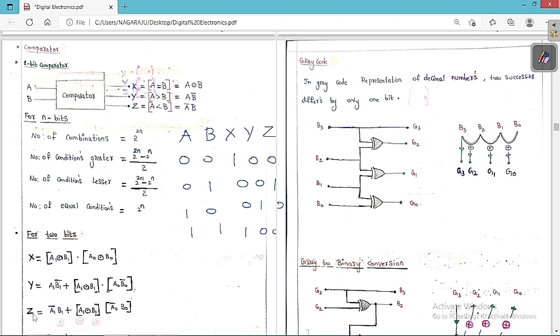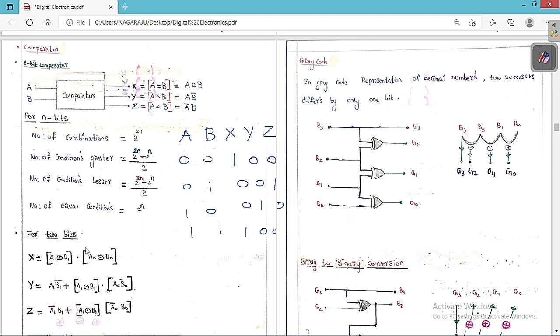Similarly for Z, I already told you whenever A is less than B, Z is going to get activated. So if A1 is less than B1, then definitely Z is activated, so A1 bar B1 plus, suppose if A1 and B1 are equal, means A1 XNOR B1, again here A0 should be less than B0, so therefore A0 bar B0. So this is the expression that we are going to get.